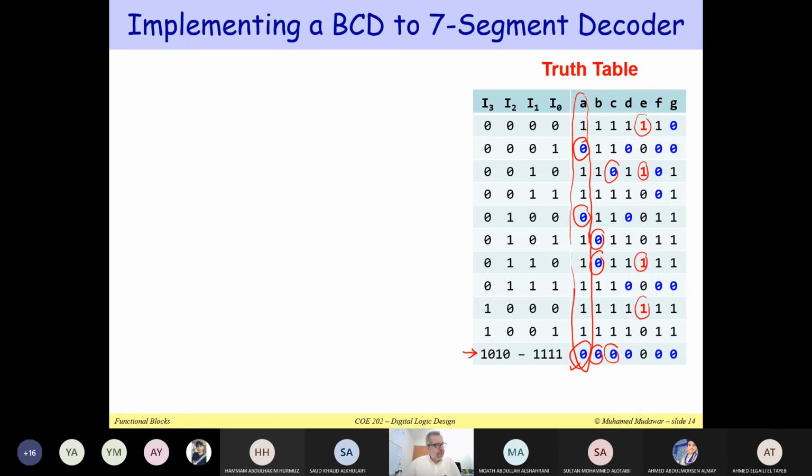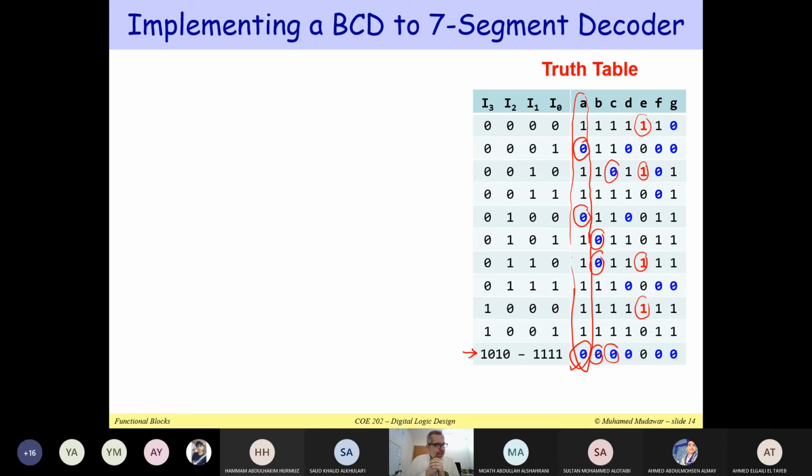So we have fewer minterms, so I can use a 4-input OR gate to implement the output E. So some of the outputs can use NOR gates and some of them can use OR gates. In fact, only E needs a 4-input OR gate. And for all of the others, we can focus on the zeros because we have fewer zeros than ones inside the truth table.